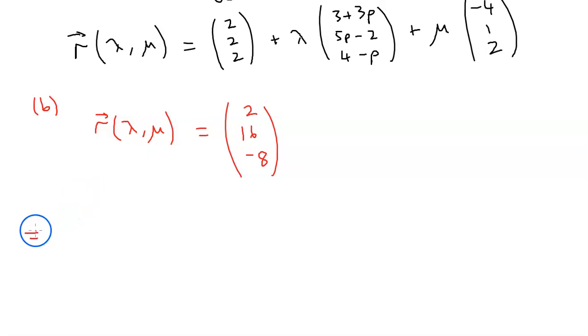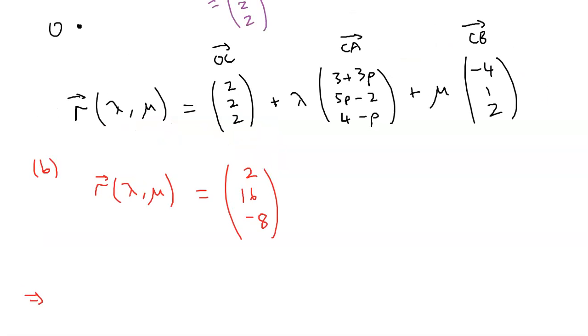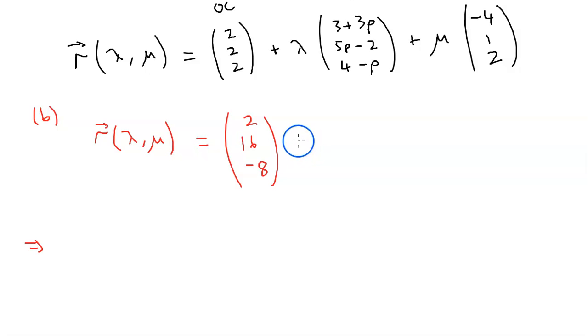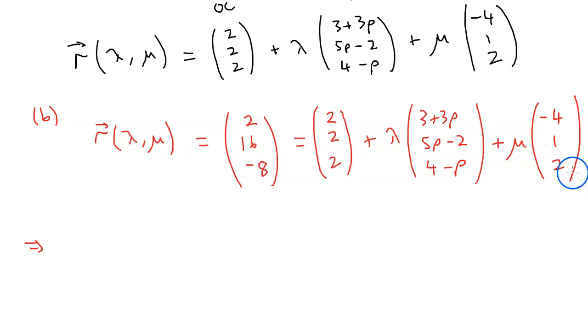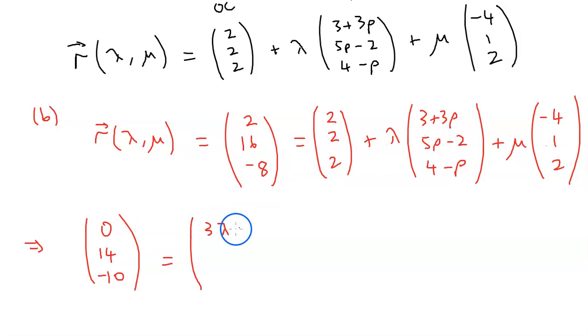Expanding this out, this is equal to (2, 2, 2) plus lambda times (3 + 3p, 5p - 2, 4 - p), plus mu times (-4, 1, 2). Bringing the (2, 2, 2) to the other side gives us (0, 14, -10) is equal to 3 lambda plus 3p lambda minus 4 mu.